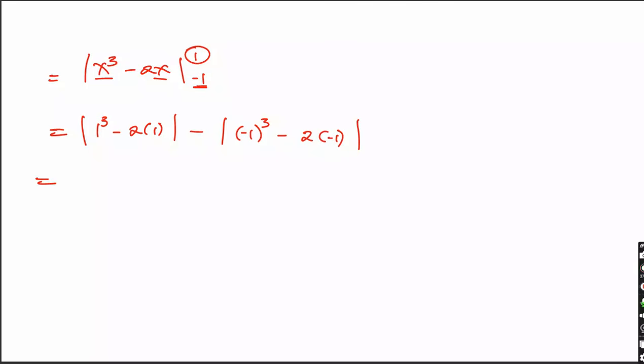Then we simplify. You're going to have 1, this is going to give us negative 2. Minus negative 1 to the power 3 will always give us a negative, so we're going to have negative 1, and this is going to give us a positive, so we're going to have positive 2.